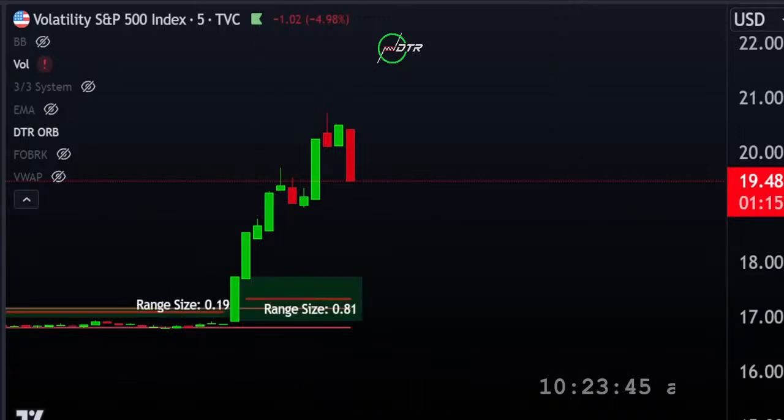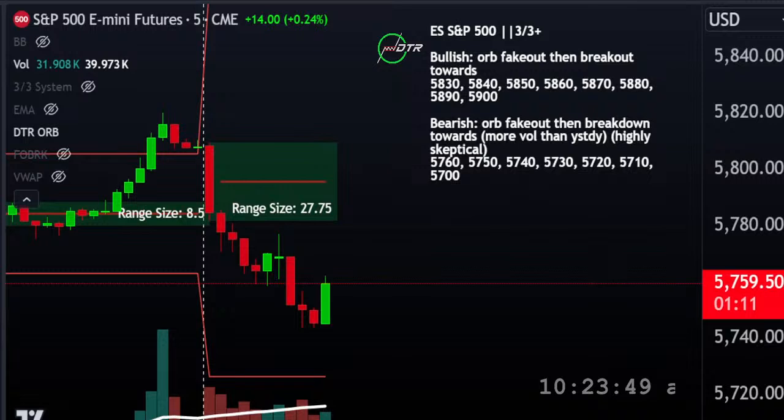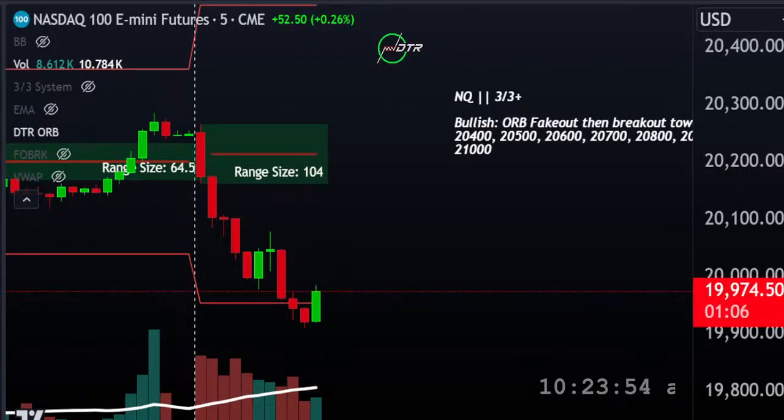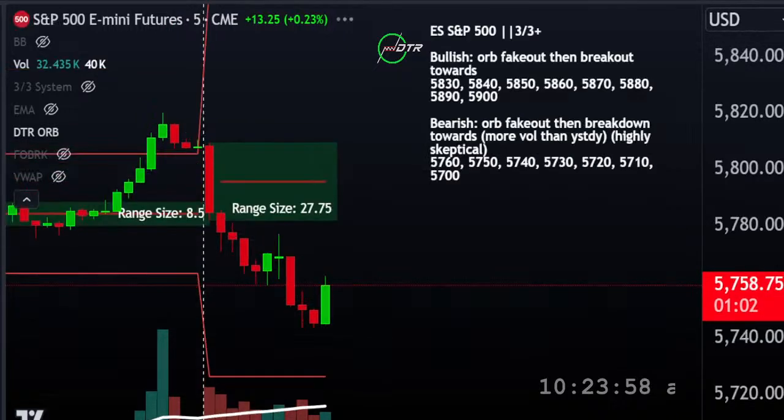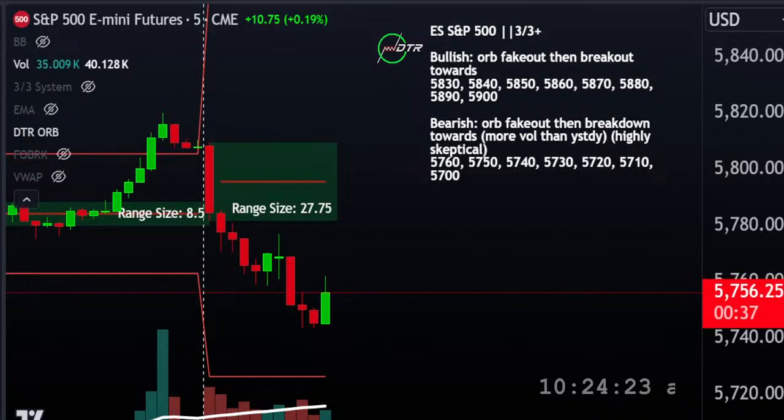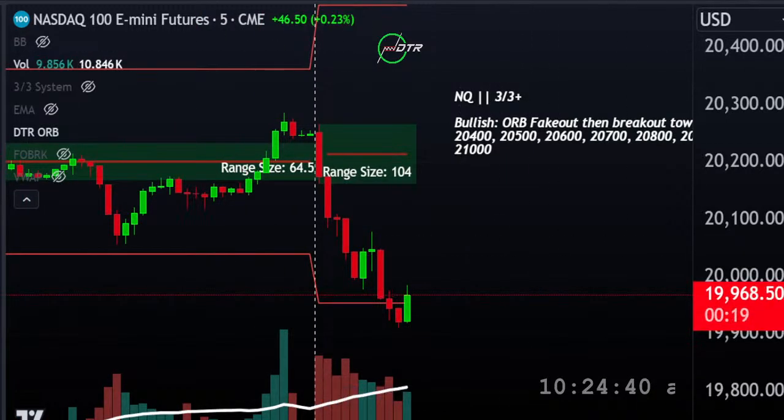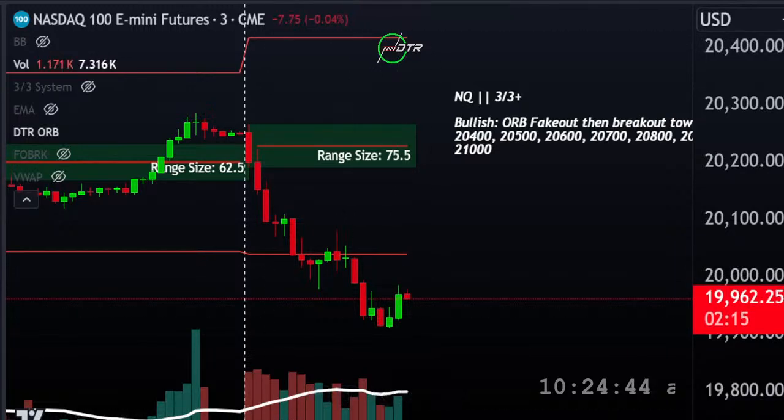It's a big move in volatility. 3 min increasing but not outlier.